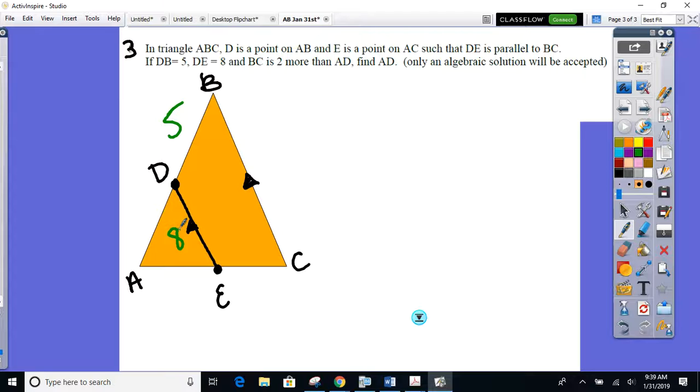I'm only going to put the 5 and the 8 on my triangle. I want to see what you put on BC and AD on yours. Okay, here we go.